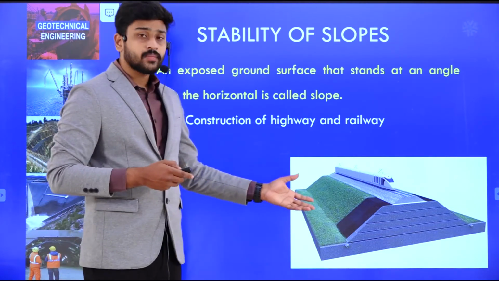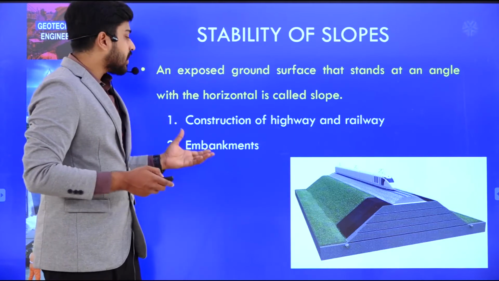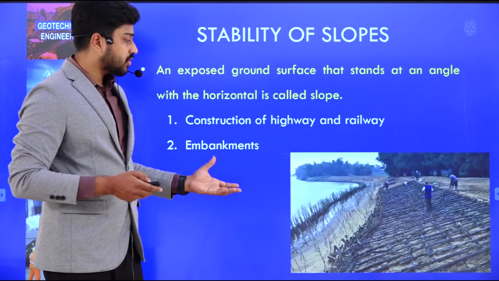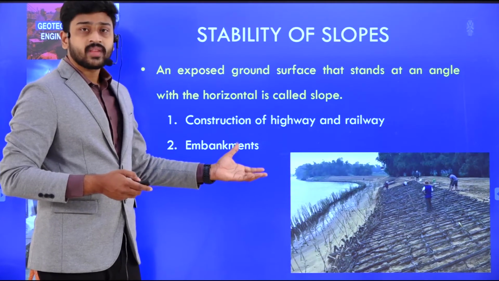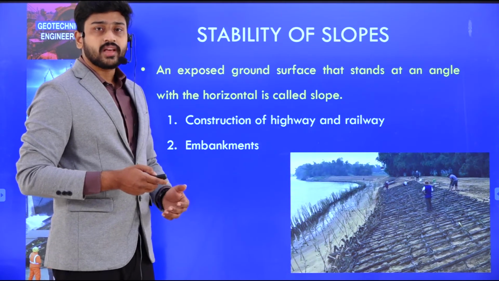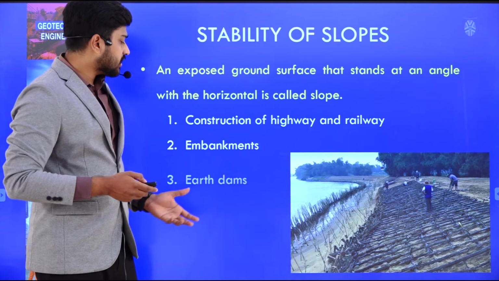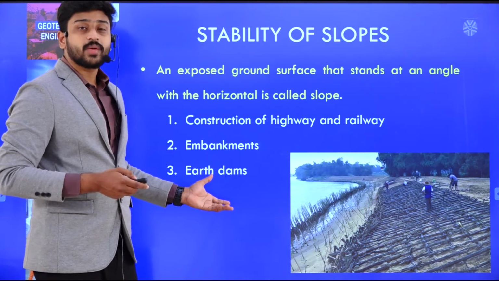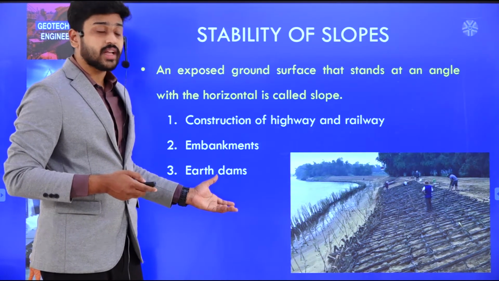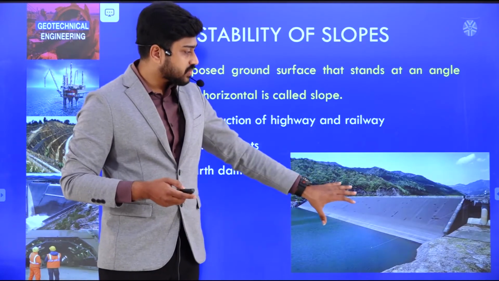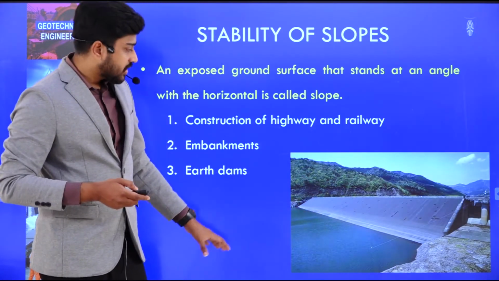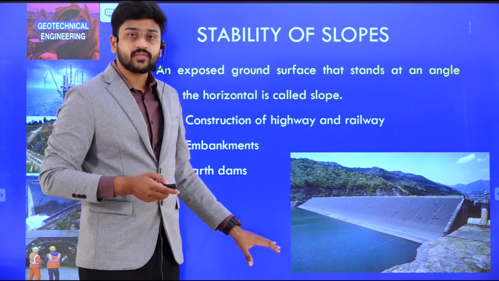The other one may be an embankment along a particular lake. The other thing is earthen dams. We may find these slopes in an earthen dam. In this diagram, this is one earthen dam, and this is one sloping surface.